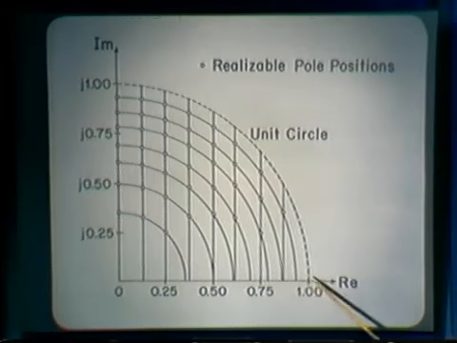Recall that r cosine theta is just the real part of the pole location.